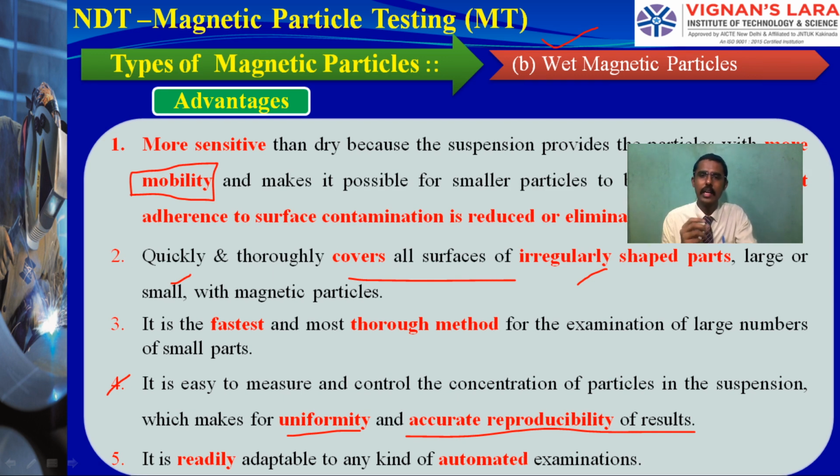We constantly add it, so uniformity will be there, and therefore accurate results will come. It is readily adaptable to any kind of automated examination. We have seen in the video the procedure where the component is fixed and inspected. In that method they get automated setups. It is a very good setup.